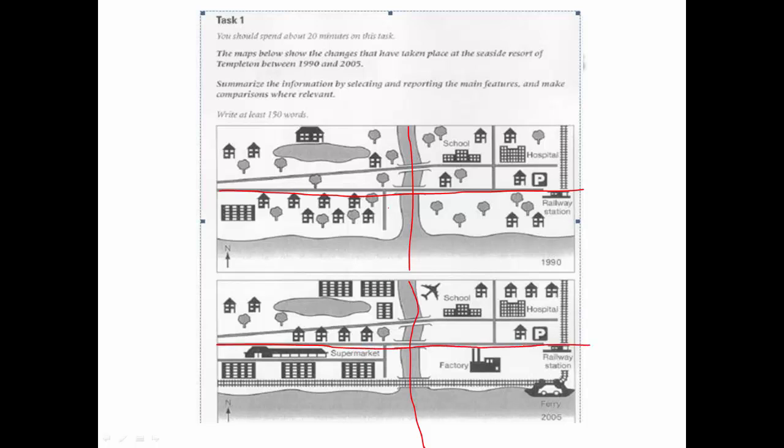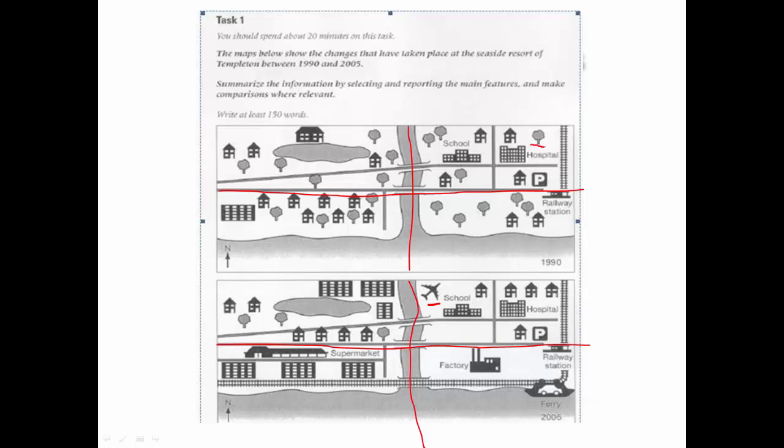compare the different grids. So if we compare this grid first with this grid, as you can see, it has become far more residential. They've built more buildings. So they've removed some of the trees and they've replaced them with buildings. If we look at here, we can see they've added an airport.